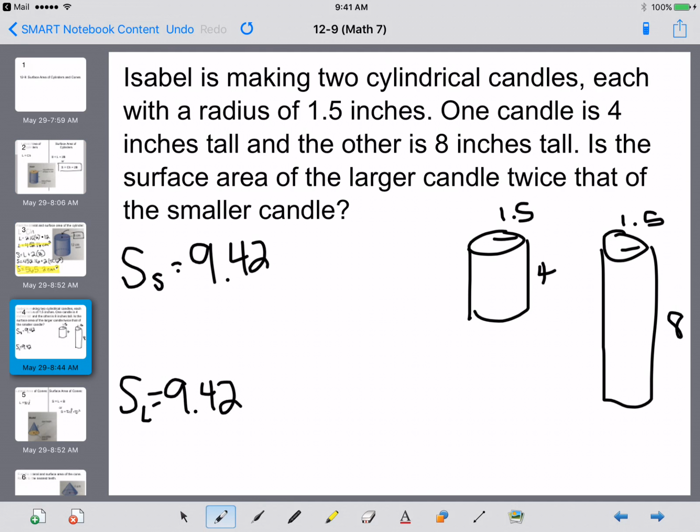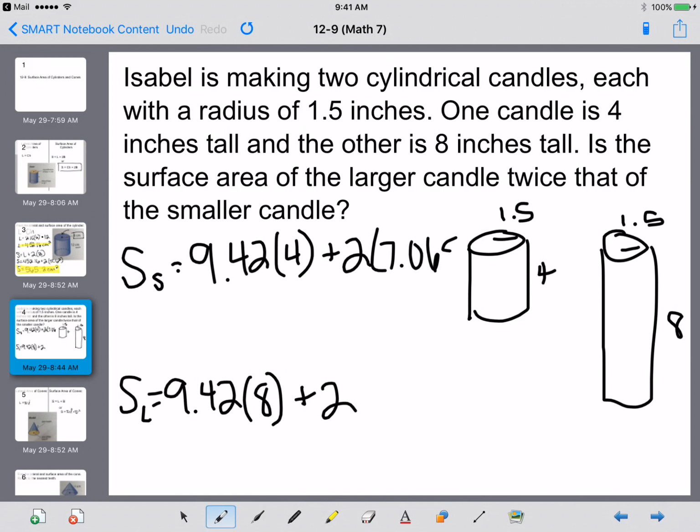Then we multiply by our height. This one will be times 4, and this one will be times 8. And then we add 2 times the area of our base. The area of our base is pi r squared, so 3.14 times 1.5 squared to get us 7.065.